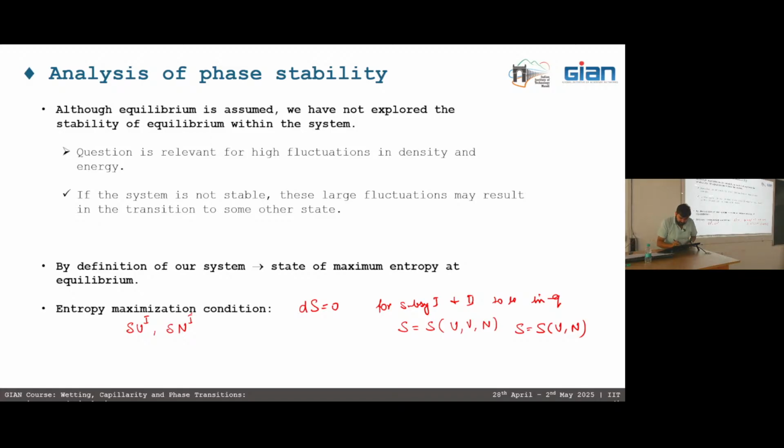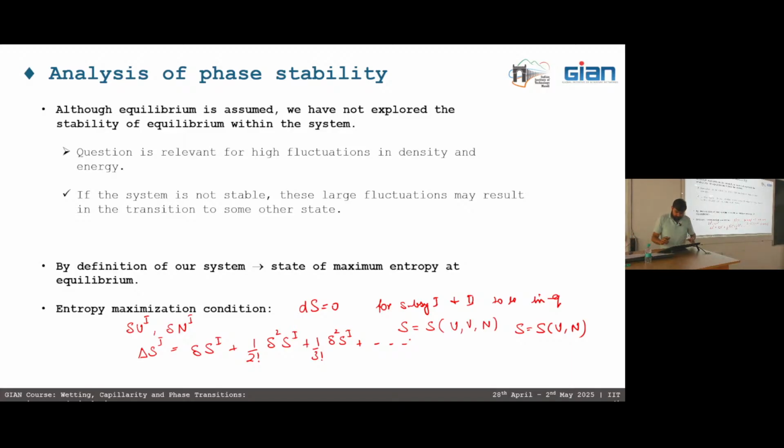So we can write the fluctuations in entropy as a Taylor series expansion: delta S for subsystem 1 is equal to delta S1 plus 1 by 2 factorial delta square S1 plus 1 by 3 factorial delta cube S1 plus so on.